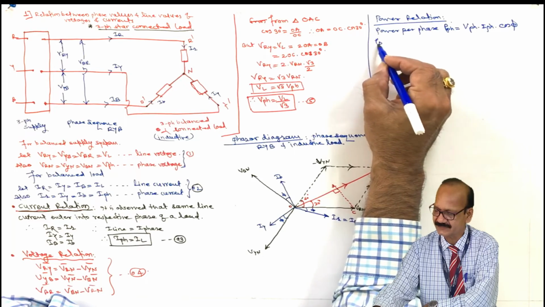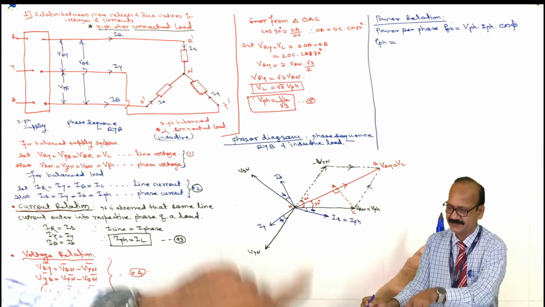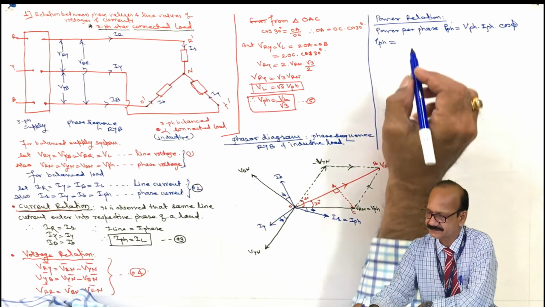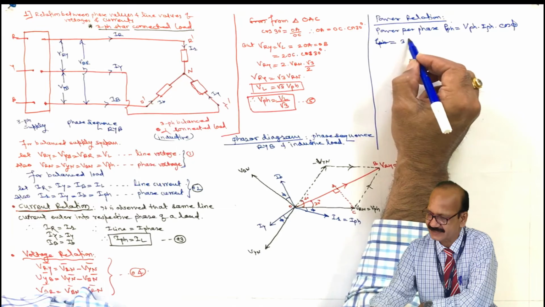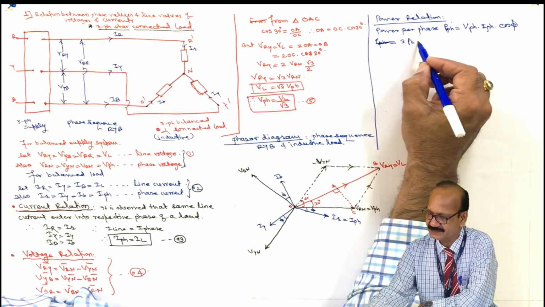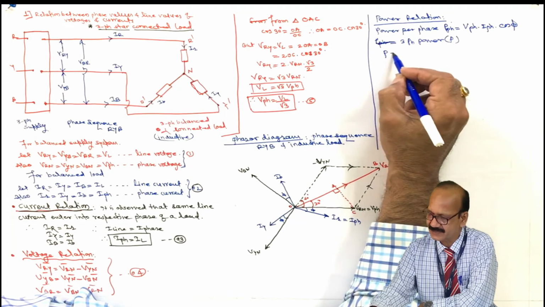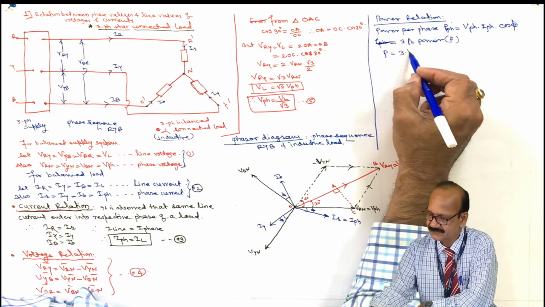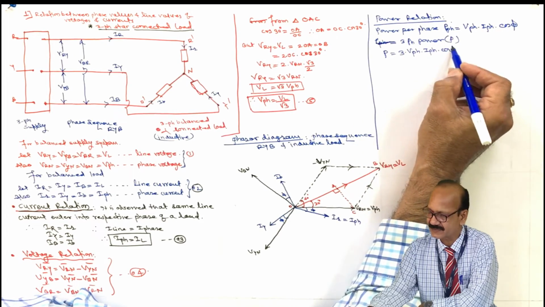So PPH equal to, what is Phi PH? Phi PH is Phi L upon root 3. Therefore, 3-phase power directly we can consider. 3-phase power, say denoted by capital P. Capital P equal to 3 times PPH IPH into cos phi.